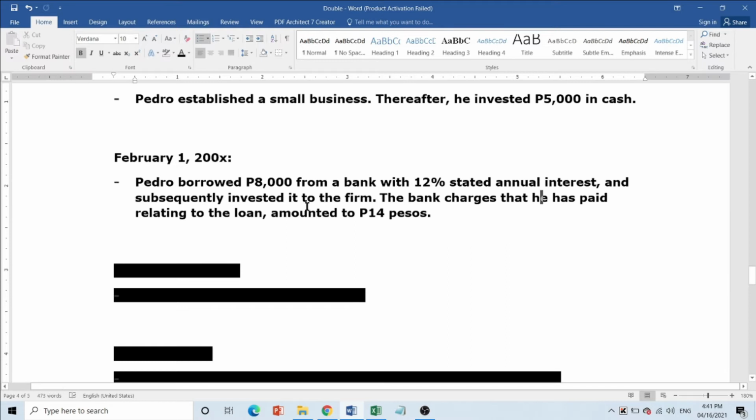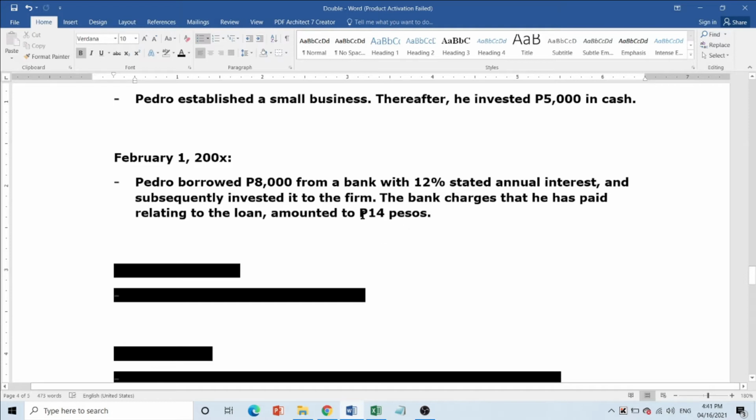Okay. Then, the bank charges. Noong nangutang si Pedro ng 8,000 pesos, mayroong bank charges na i-charge yung bank sa kanyang utang, which amounts to 14 pesos. Okay lang, medyo mababa, but still, this must be accounted for.